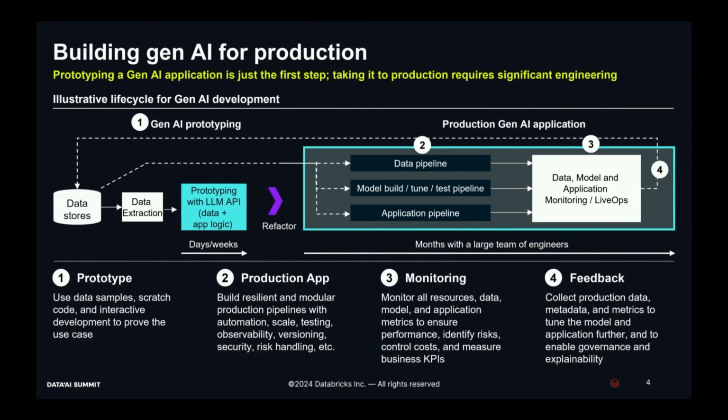And we see, as you start to move this journey from a prototype into production, you'll start off with a set of notebooks, you'll have some data uploaded to a vector store, you'll have a very simple Q&A application, and everyone's super excited, right?